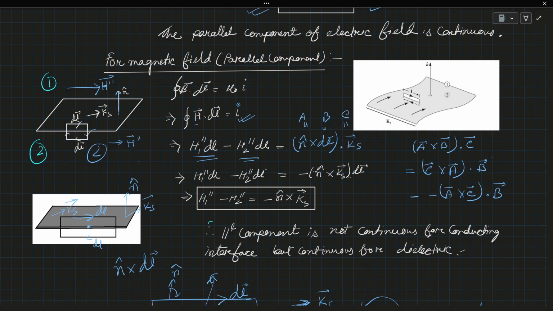All these three terms contain dl, so dl gets cancelled, and we will have H1 parallel minus H2 parallel equals minus n cap cross Ks, right?